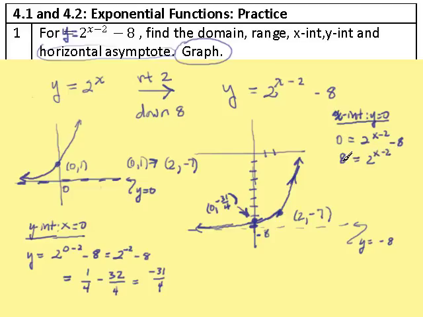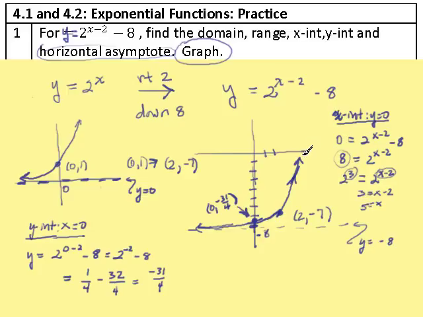Now we're going to match the two bases. Here we have base 2, here we have base 8. So we're going to change this to 2 cubed, so that we can have the same base on both sides. Once we do that, then we'll set the exponents equal to one another. 3 is equal to x minus 2. So we have x is equal to 5.